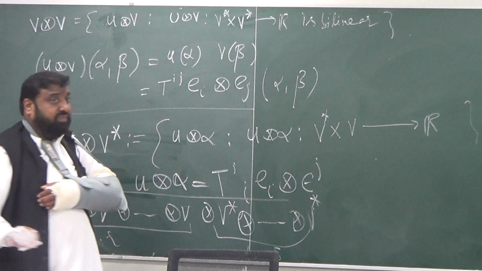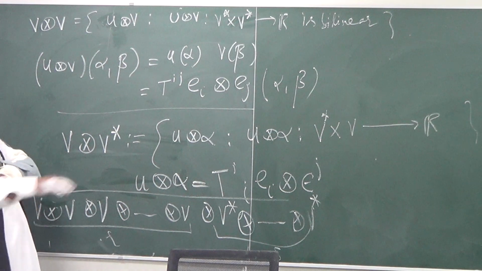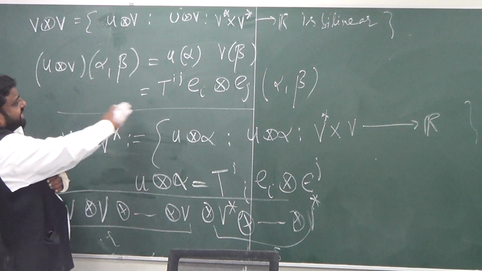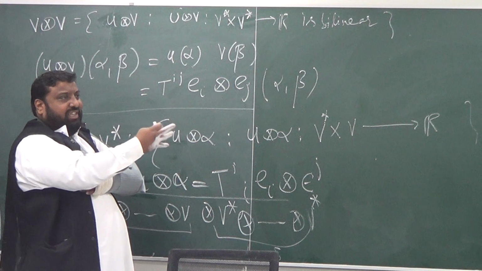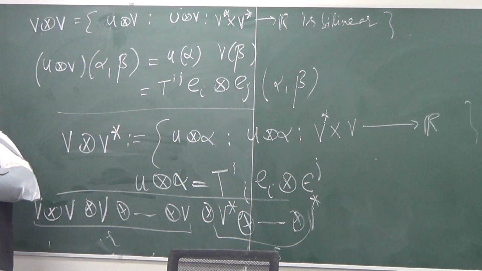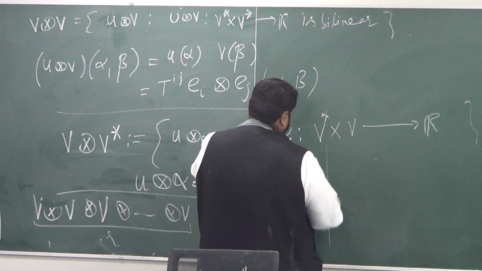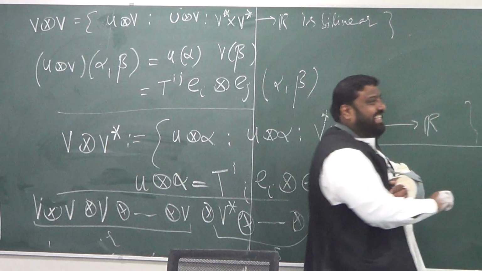Sir, e_i tensor product epsilon^j, how will we define that? I don't know, think for yourself. You have to find this and this. Maybe you need some combination of both. It's not that difficult, you can have a guess. We haven't defined it, and I don't want to define it.